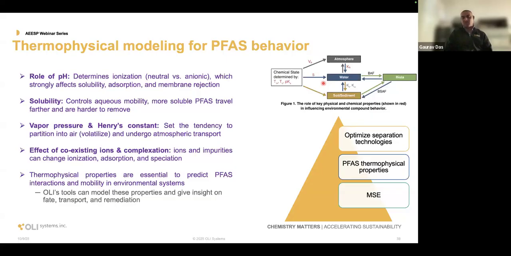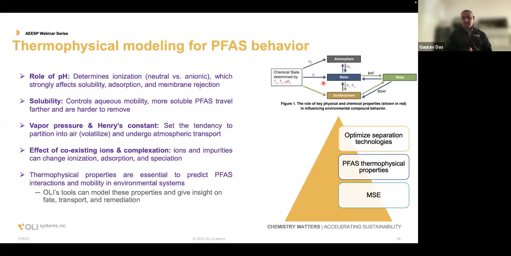Also, the effects of coexisting ions and the complexations are key because they can hinder the separation process, such as adsorption or the membrane-based separations. So the extensive study of thermophysical properties is essential for these PFAS compounds to actually come up with good data, which will allow us to come up with the design for remedial action.